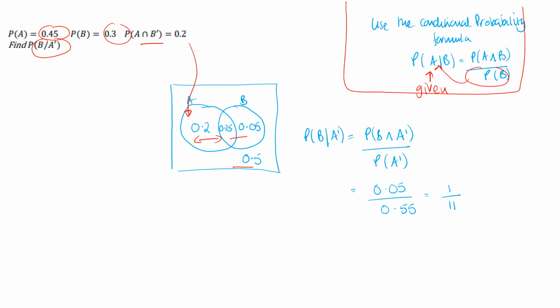So in terms of what we're being asked, B given A dash is going to be where the two intersect, divided by the second one. So where does B intersect not being in A? That's just the bit on its own here, 0.05, divided by A dash. Well, A in the question was 0.45, so A dash is 0.55, and dividing that 0.05 divided by 0.55 is 1/11.